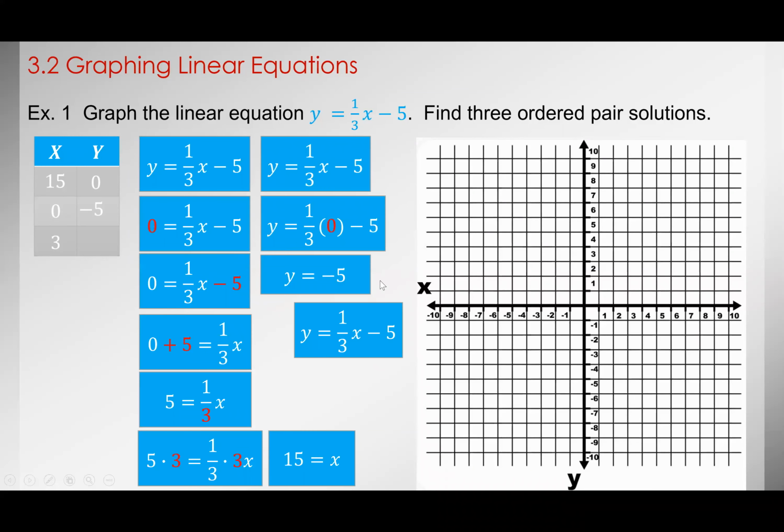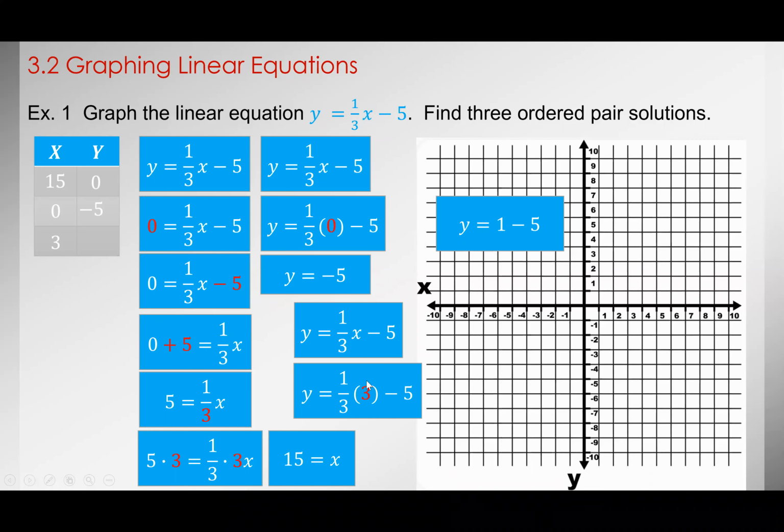Similarly, if I plug in the 3 for the x, do you agree that 1/3 of 3, this 3 and this 3, they cancel out, which leaves you with just 1. 1/3 of 3 is equal to 1. 1 minus 5 will give you -4. So my ordinal pairs are 15, 0, then 0, -5, and 3, -4.